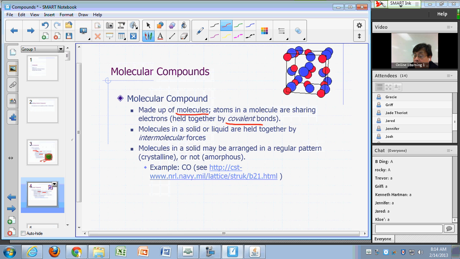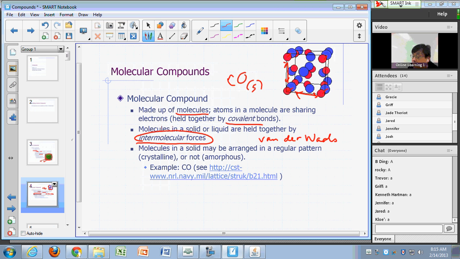Here's a representation of a solid, a crystal of carbon monoxide, so you have carbon and oxygen right here. You can clearly see the carbon and oxygen together, and neighboring molecules are held together in this lattice by what we call intermolecular forces. You'll learn later that the type of intermolecular forces holding these carbon monoxide molecules are called van der Waals forces.